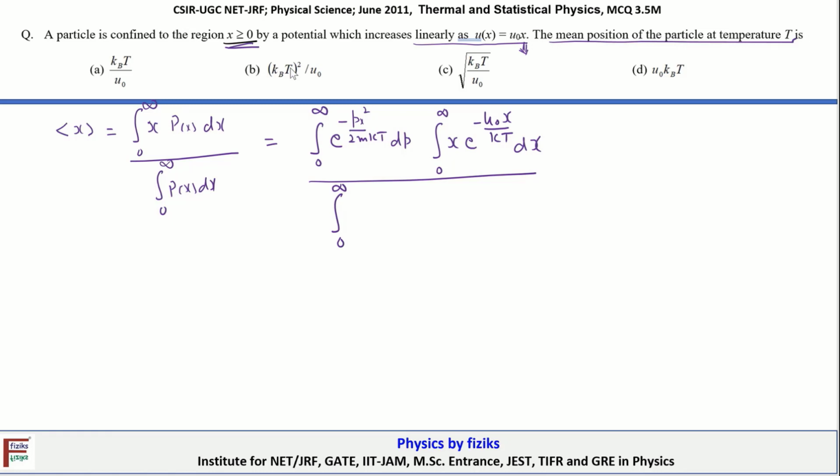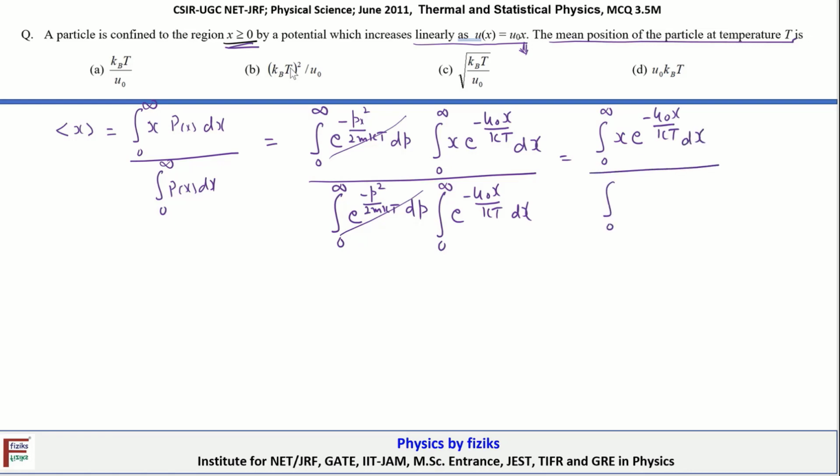In the denominator again we will have exponential minus p squared by 2m kT dp, and 0 to infinity, exponential minus u naught x upon kT dx. So these two momentum integrals will cancel with each other, and we are simply left with the integral from 0 to infinity of x exponential minus u naught x upon kT dx, upon the integral from 0 to infinity of exponential minus u naught x upon kT dx.